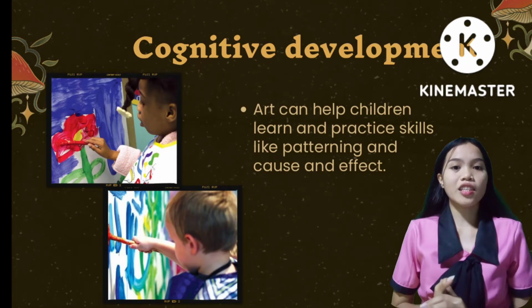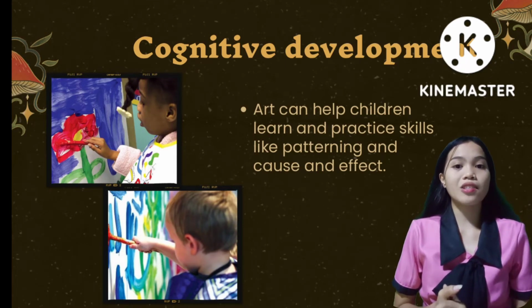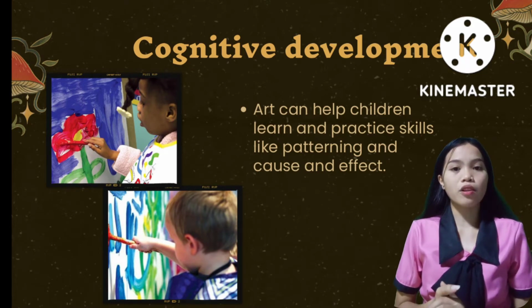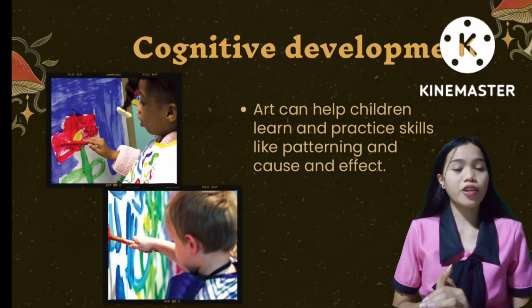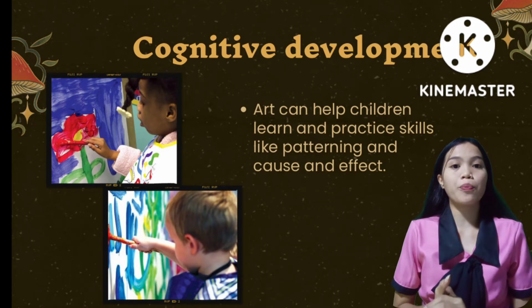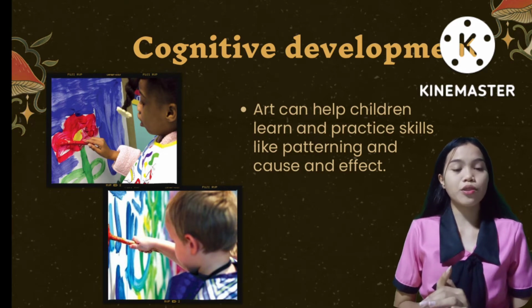Next is the cognitive development. Art can help children learn and practice skills like patterning and cause and effect. For example, if I push very hard with a crayon, the color is darker. Research shows that art activities develop brain capacity in early childhood.